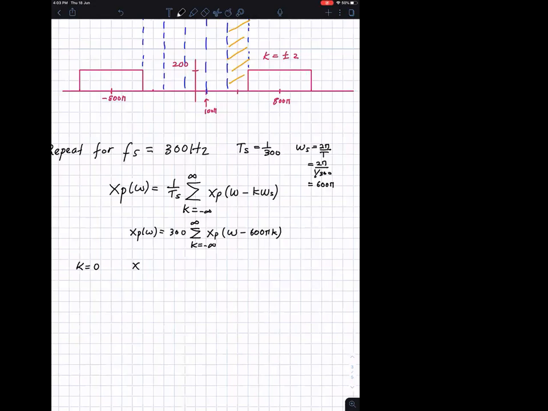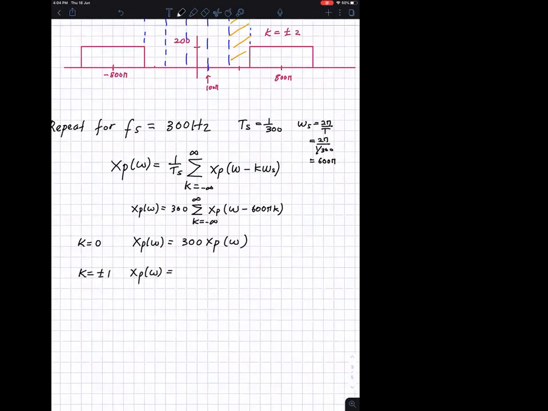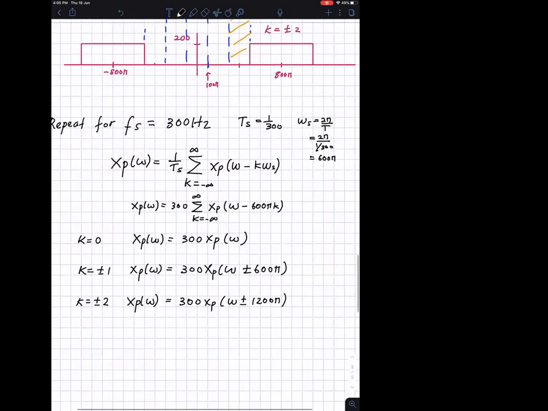When k is equal to 0, and when k is equal to plus minus 1, sorry, 600 times pi times 2 is plus minus 1200 pi. Okay, maybe I will draw this again like earlier on.